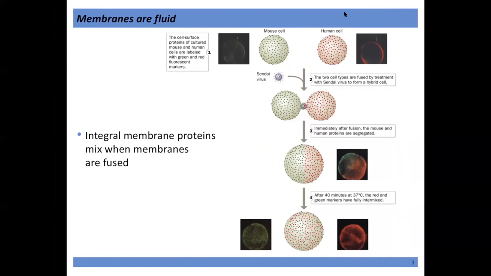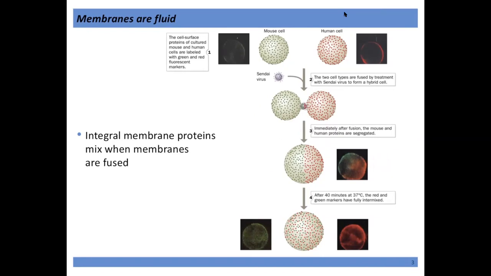And then they use this Sendai virus that will actually bind to both cells and actually cause them to fuse. And so when it first fuses, you can see this picture down here where you can see the difference between the location of the green and the red fluorescent dyes.